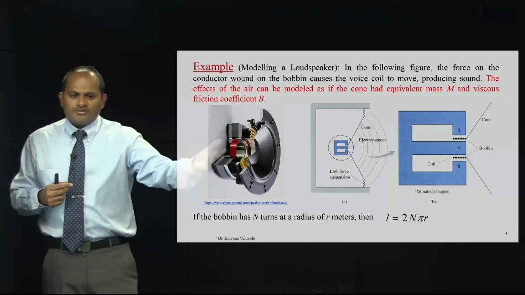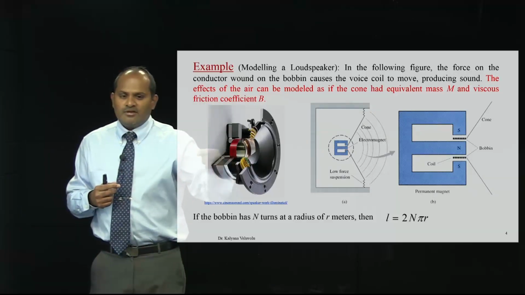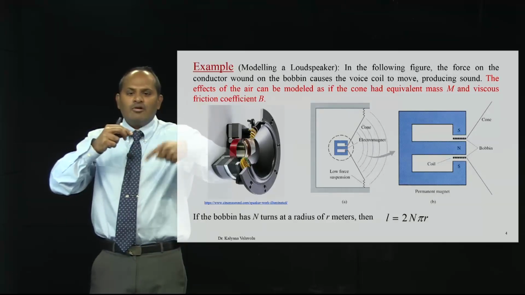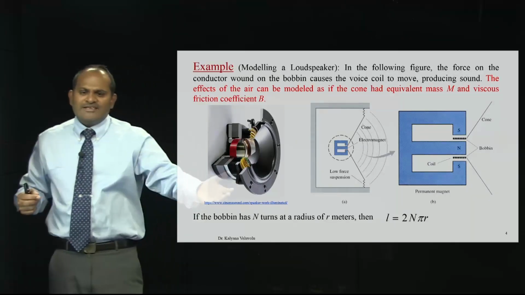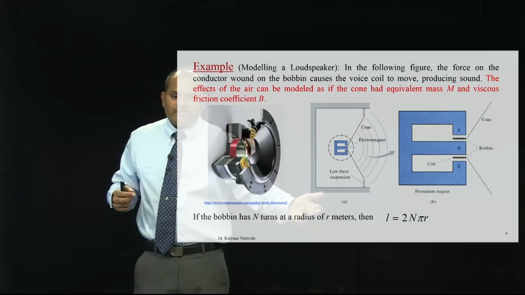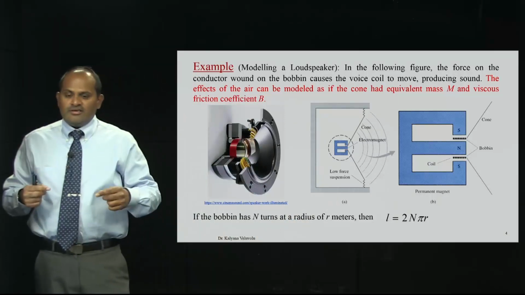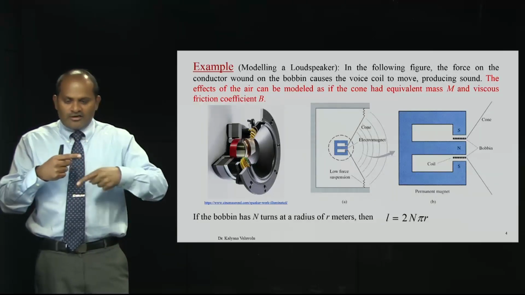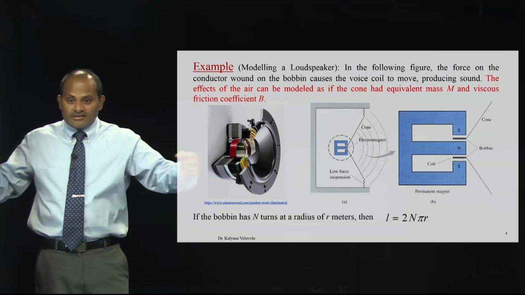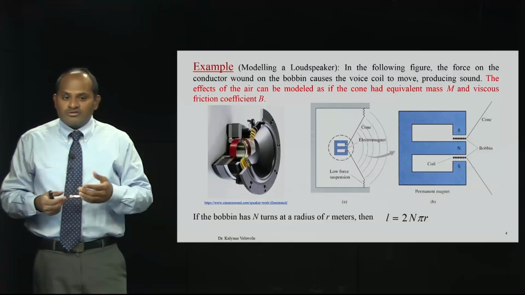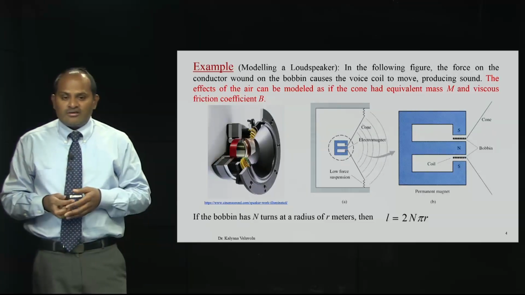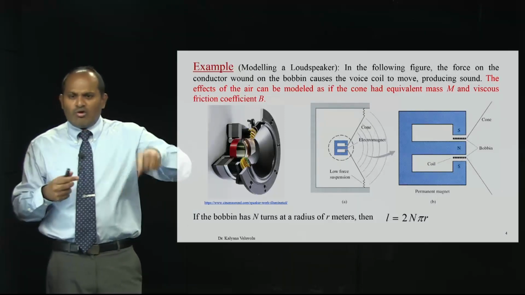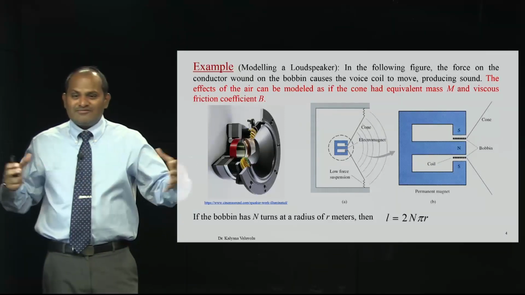Now, coming to this coil, the wire is wound into several turns. The bobbin has n turns of radius r meters. The force depends on the length of the conductor. If you make several rounds, the length can be very long, and the force depends on the length of the conductor. That is why motors have a lot of windings and coils.